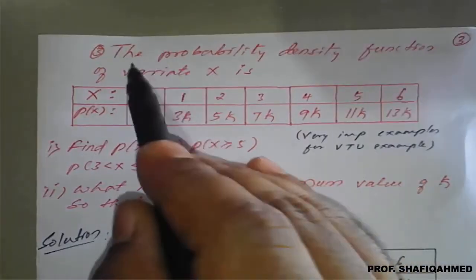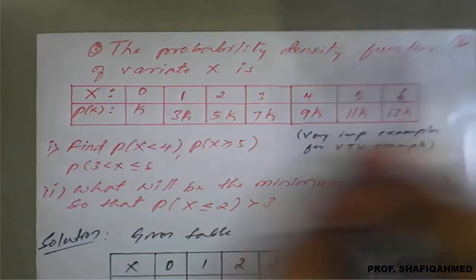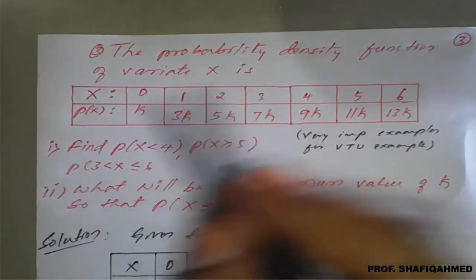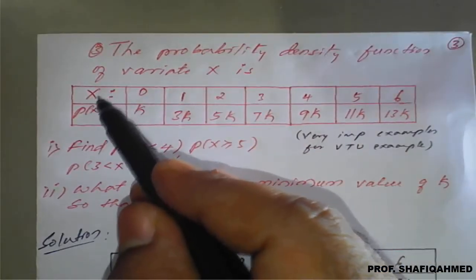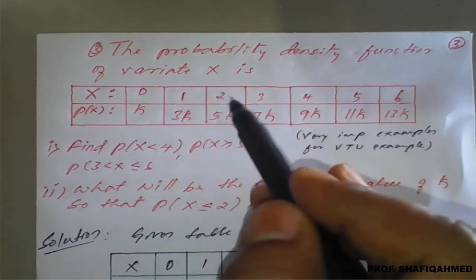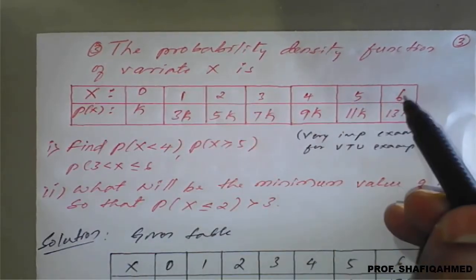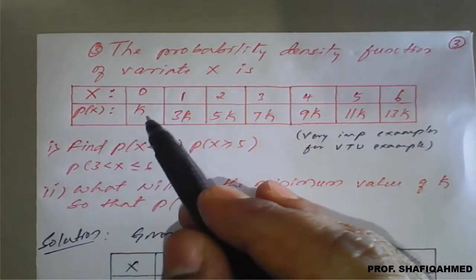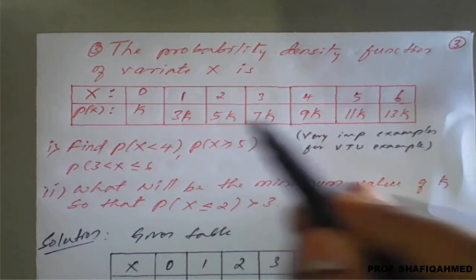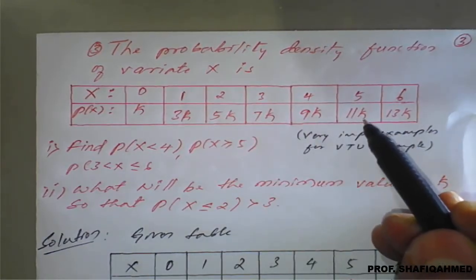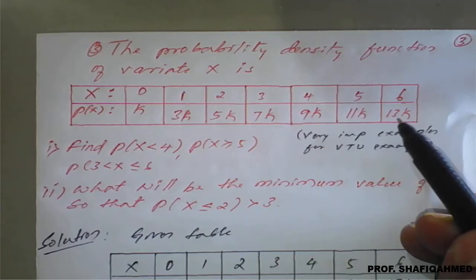The question is: the probability density function of variate x is given in a table of x and p(x) values. The x values are 0, 1, 2, 3, 4, 5 and 6, and p(x) is given as k, 3k, 5k, 7k, 9k, 11k and 13k.